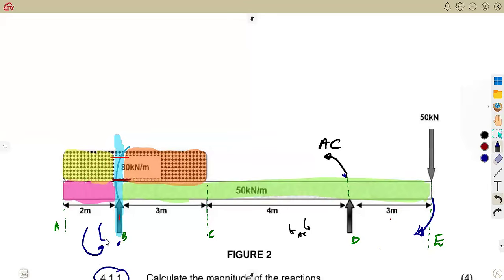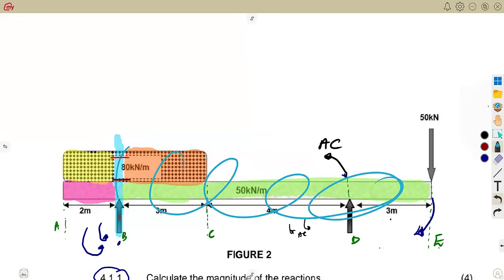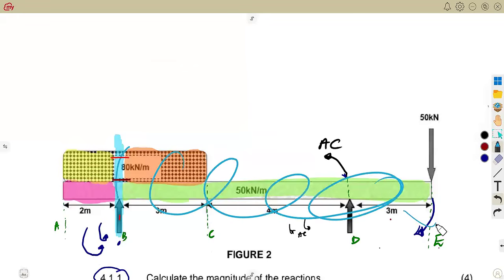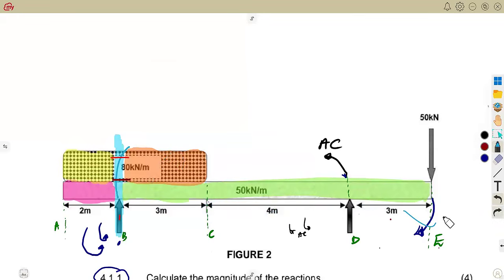This is anti-clockwise, just like here, maintaining anti-clockwise. Everything on the right side, all these on the right side, they will be for the clockwise. Meaning to say even the distributed loads, they will be for the clockwise.